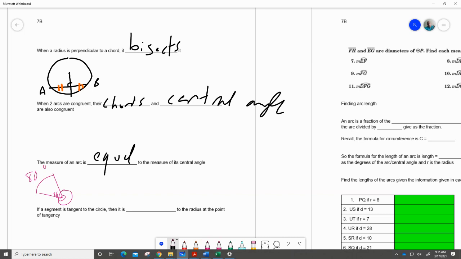Last rule, if a segment is tangent to a circle, then it is perpendicular to the radius at the point of tangency, okay? So I'm going to go over here to GeoGebra and show you guys one by one how to do this and really how to prove this stuff, if that makes sense. And then I'll give you guys a little bit of time to mess around with it.